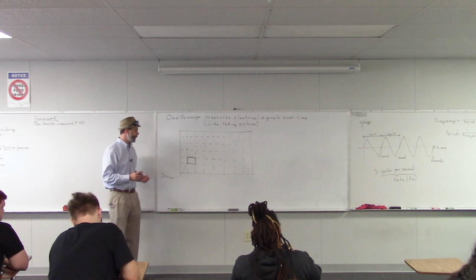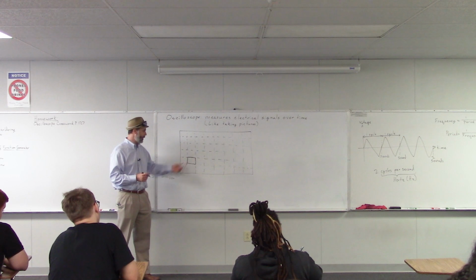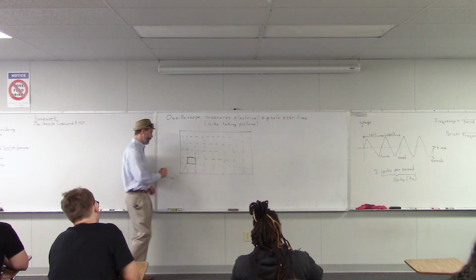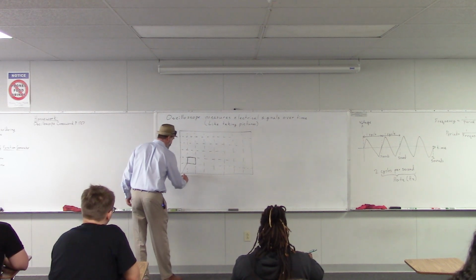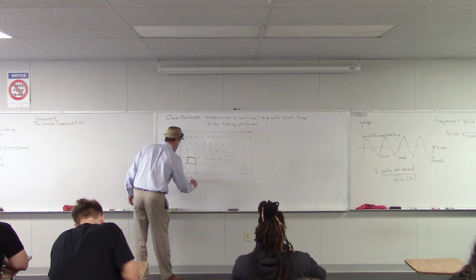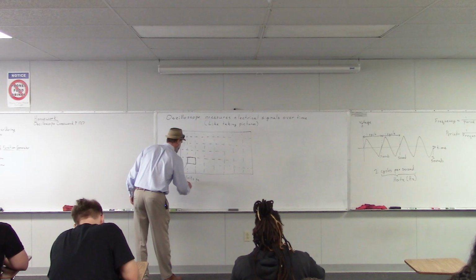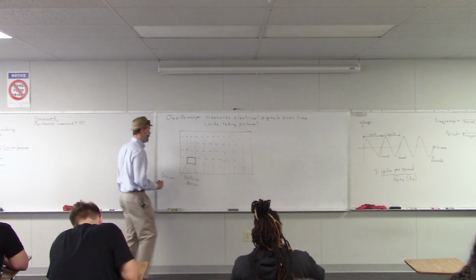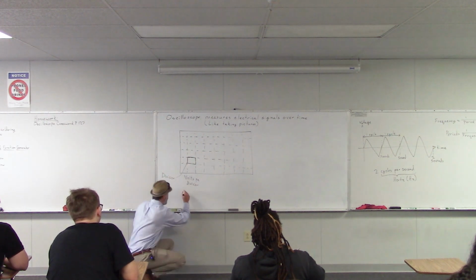And the oscilloscope will tell you how big this box is. So down at the bottom, there will be an indication for volts per division. That's the height of the rectangle.